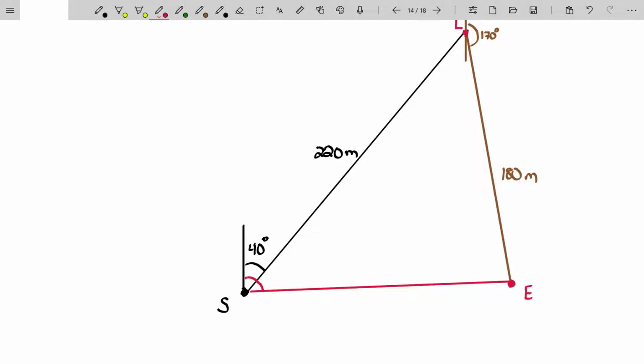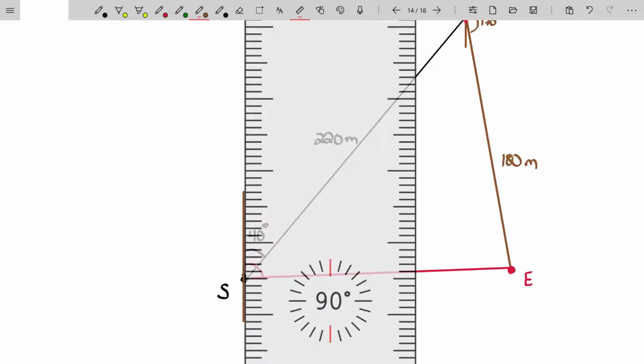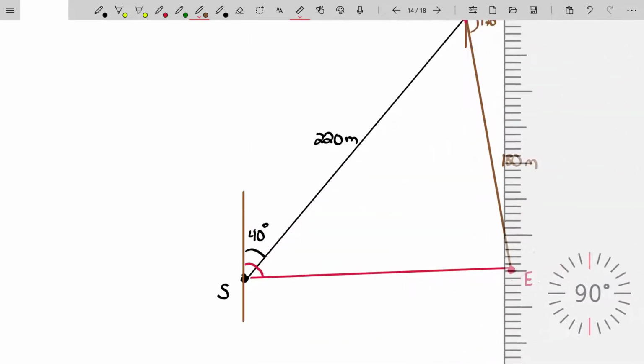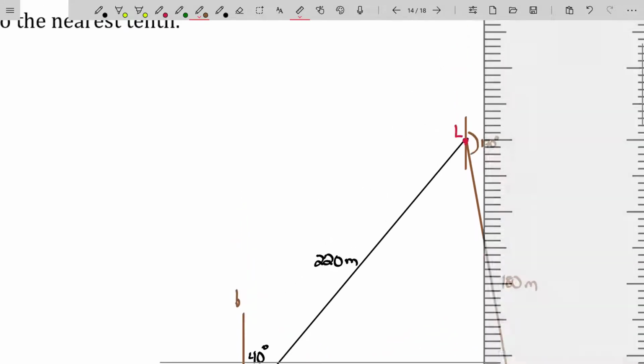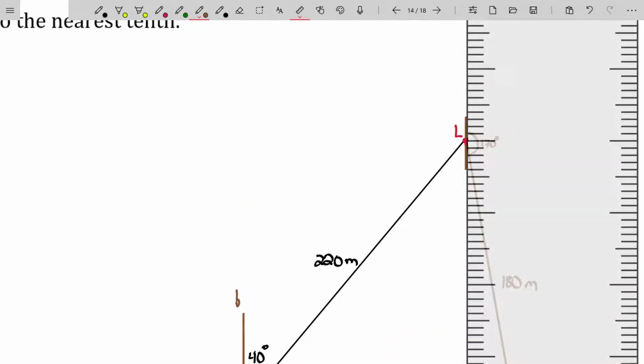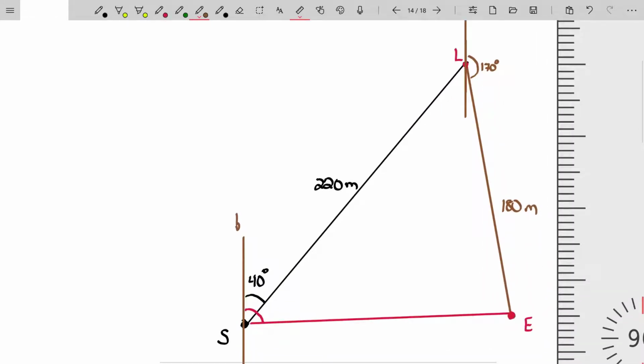Let's talk about why we do all these vertical lines in here and how important they're going to be for all of your navigation problems. I hope you understand that vertical lines are parallel to each other. Specifically, this vertical line in brown right here and this vertical line in brown right there are parallel to one another.